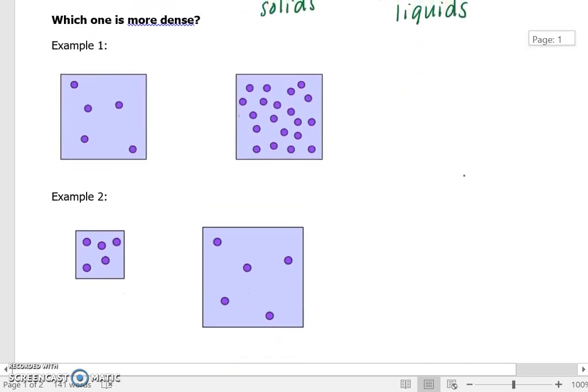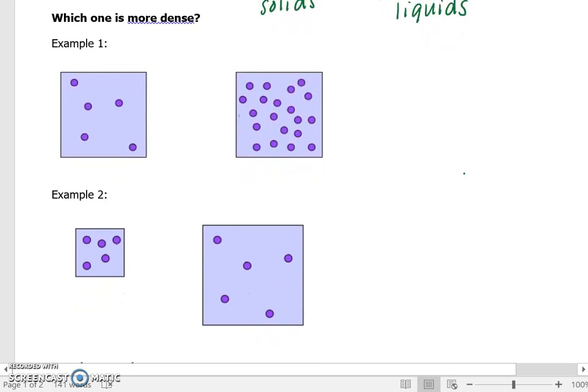But let's do two examples about which one is more dense. So first, some non-chemistry examples, because density is really something that we use across all sciences and even outside of science. So here in example 1, you can see that we have two different boxes. And these boxes are occupying the same amount of space because they have the same area. But the box on the left only has 5 dots, and the box on the right has, well, more than 5.